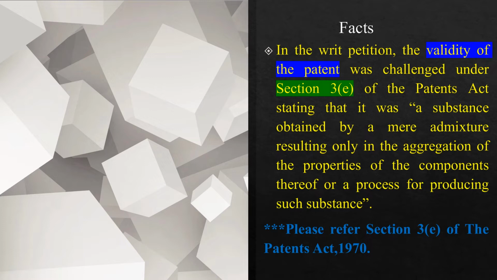And friends, we know that Section 3, Clause E is about a substance obtained by a mere admixture resulting only in the aggregation of the properties of the components thereof or a process for producing such substances. So, please refer to Section 3, Clause E for the same. We can proceed now.